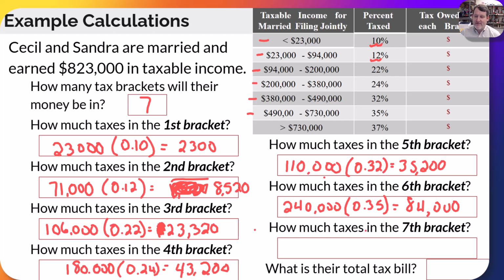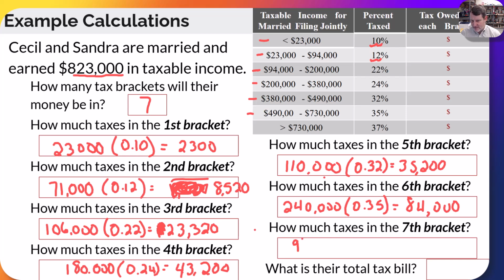And then the last tax bracket. So far we've placed $730,000 of their money. All of this represents all that $730,000. We have 823 more to go. That's going to be $93,000 left of money. So I just did the 823,000, the total income, minus the 730 we've already placed, and that gave me $93,000.